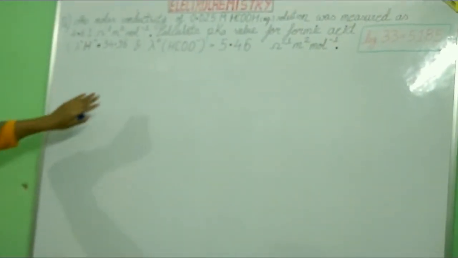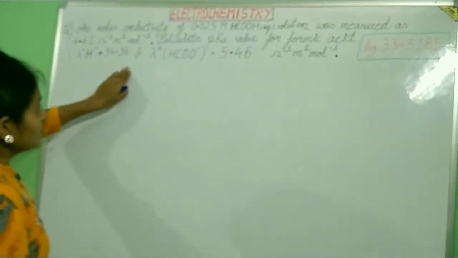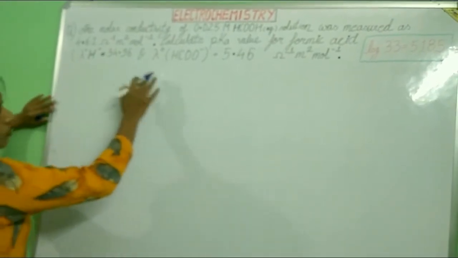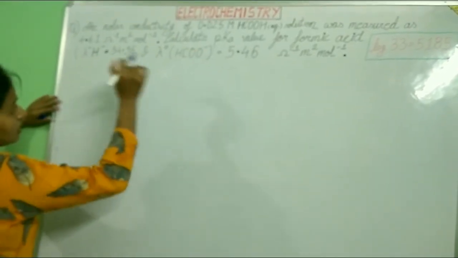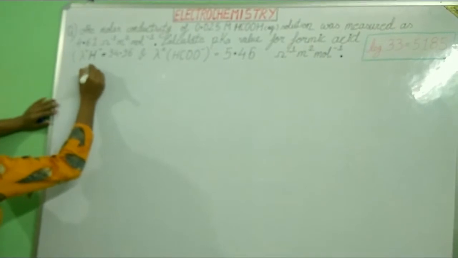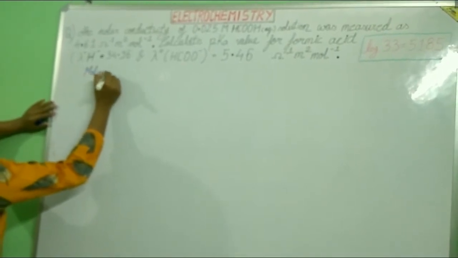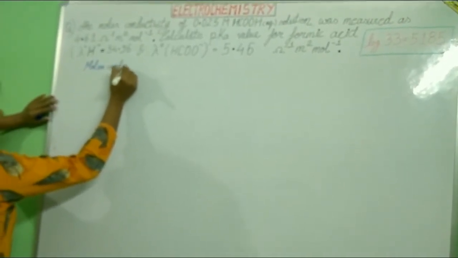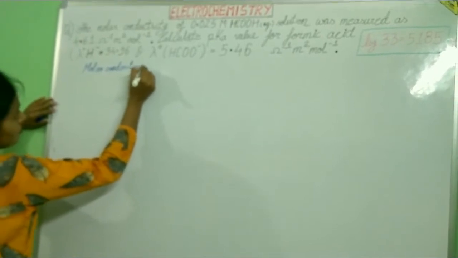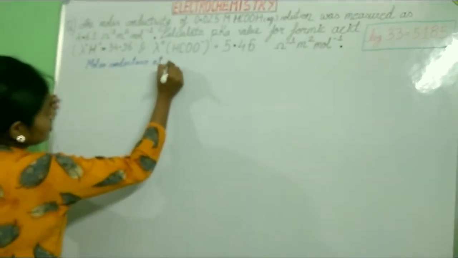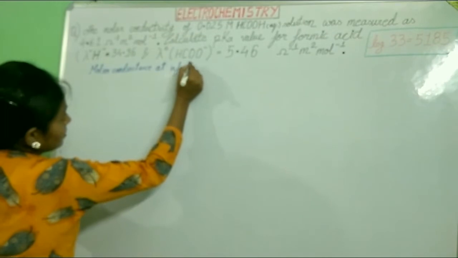Okay. Now, let us first find out the molar conductance of formic acid at infinite dilution.